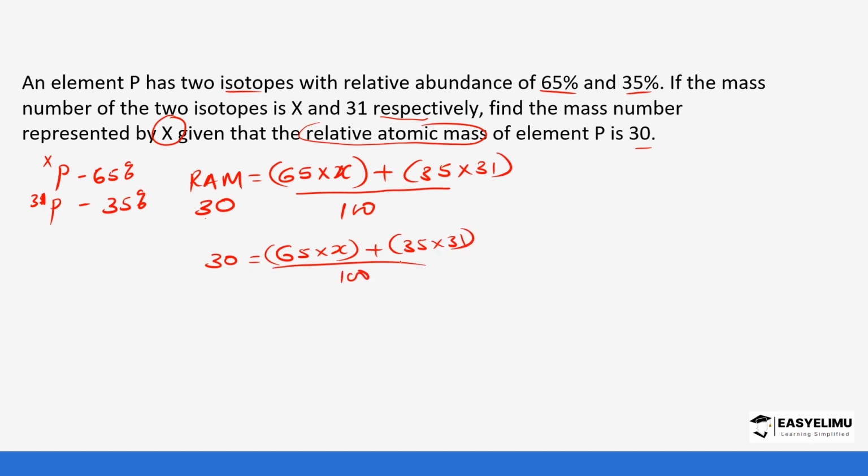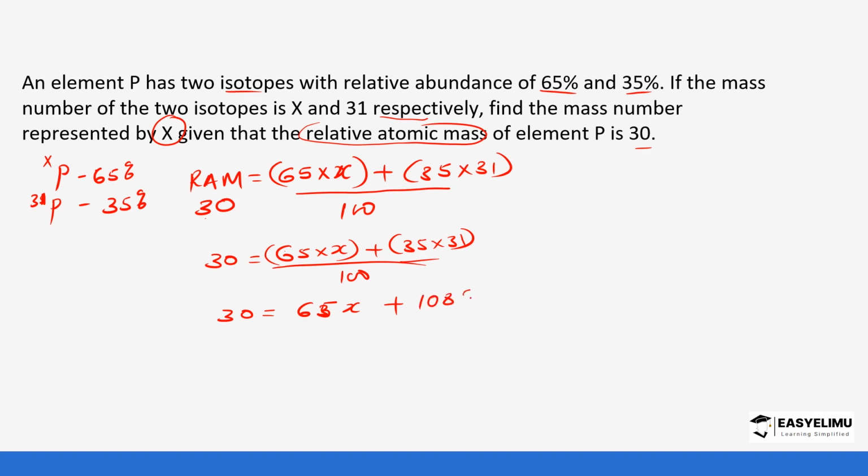So that becomes 30 is equal to 65X, plus when you multiply 35 times 31, you get 1085, everything over 100.